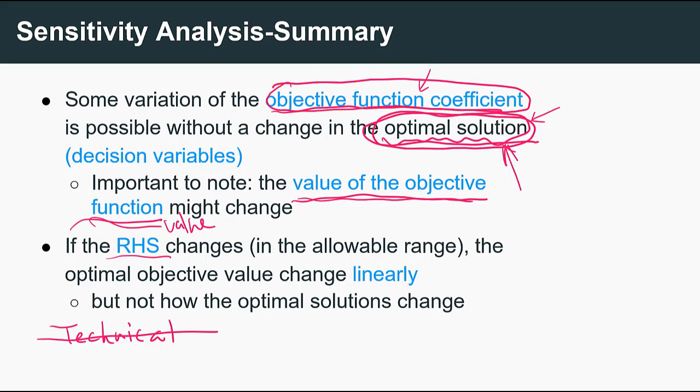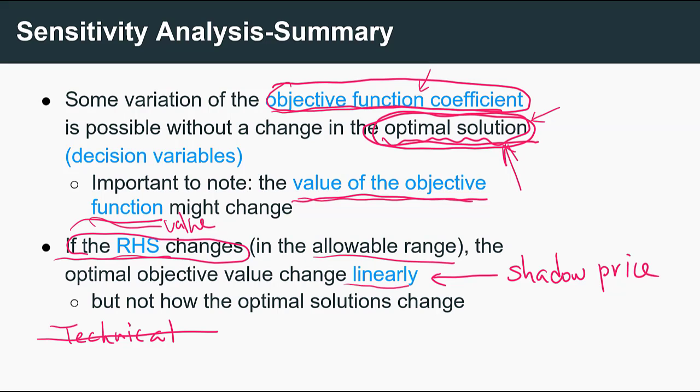On the other hand, if the right-hand side value changes, and if this is within, again, the range of optimality, then the optimal objective function value changes linearly. Why is this? It is because you have the shadow price.